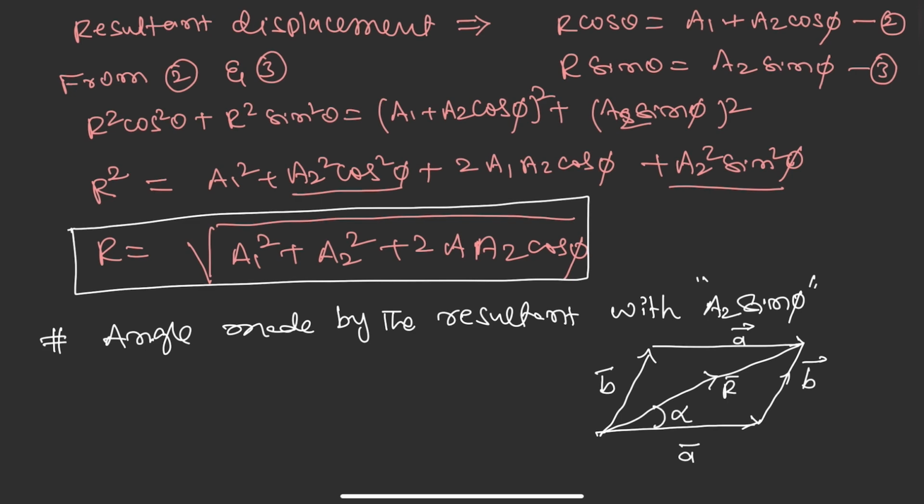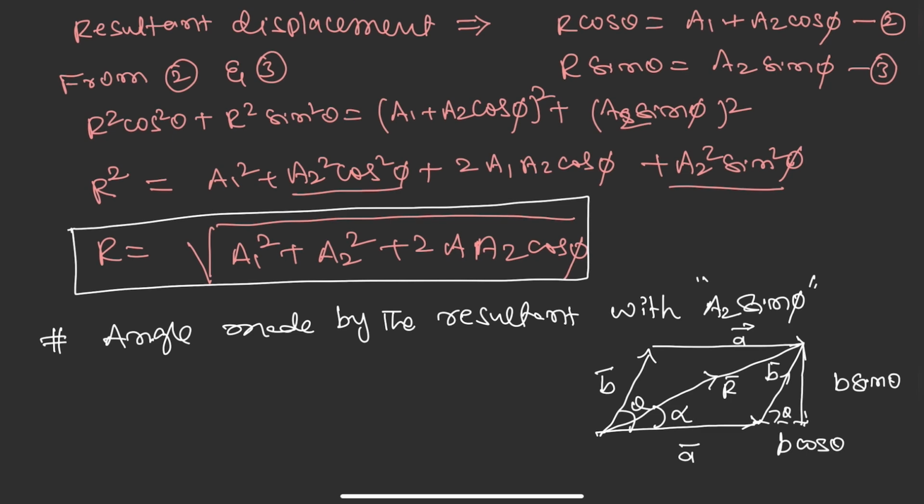So this is what? Alpha. If you extend this one, it becomes like this is B cos theta, this is theta, this one also theta, B cos theta. Next one is B sin theta. So this B bar is inside, here this is the B bar.